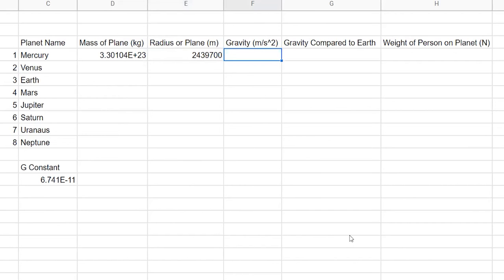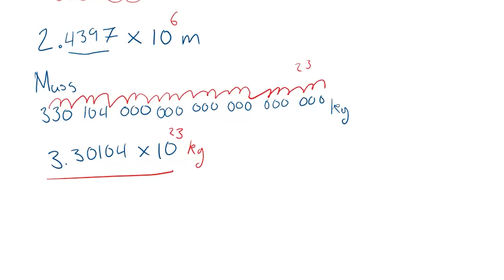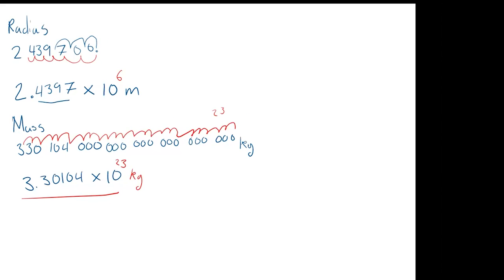Now let's calculate our gravity. We have to enter in our equation. Okay, recall that Newton's equation, universal gravitational force, which was force is equal to big G, big M, little m, over the radial separation distance between them squared.